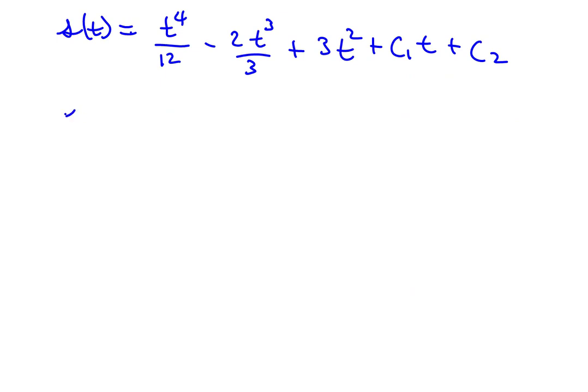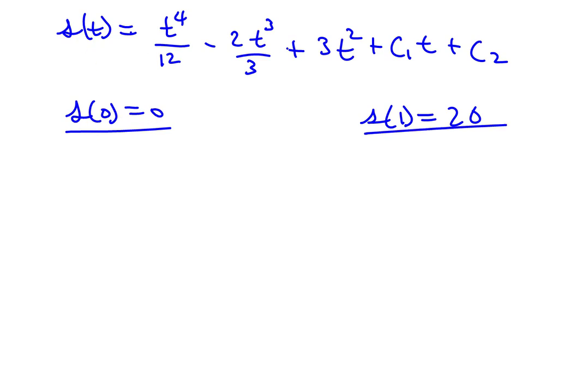Now let's recall the other givens. We knew that s of 0 was given as 0, and we knew that s of 1 was given as 20. So we can use these to find the missing pieces. If s of 0 is 0, I'm going to plug in 0 for all the t's in this s equation we just got, and then going through, of course, that would mean we have 0 minus 0, that's the first two terms, plus 0 plus 0 plus c2.